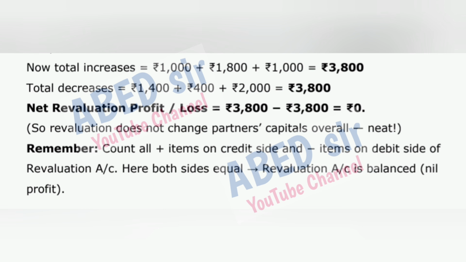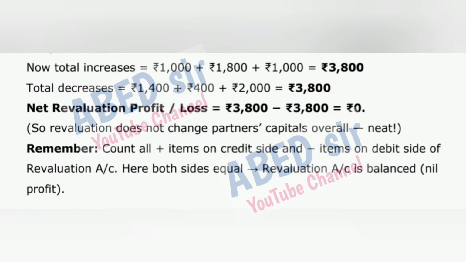Total decreases is equal to 1,400 rupees plus 400 rupees plus 2,000 rupees is equal to 3,800 rupees. Net revaluation profit or loss is 3,800 rupees minus 3,800 rupees is equal to 0 rupees.